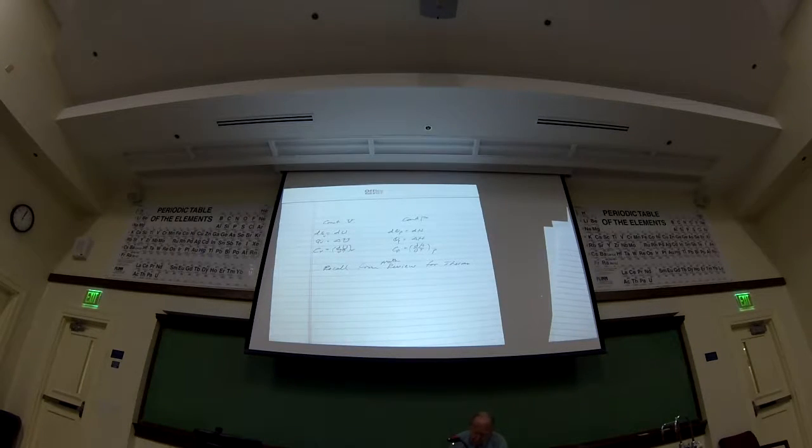But we're also interested in the ratio of CP to CV, which we call gamma, and the difference.